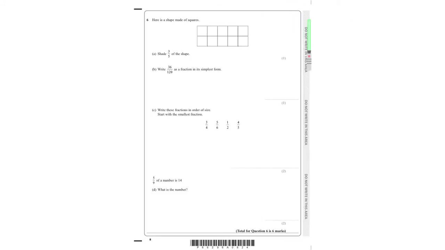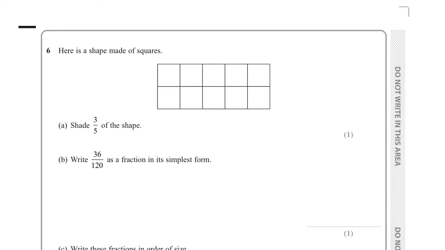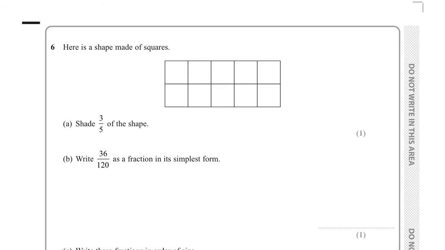Question 6. Okay, so here is a shape made of squares. Shade 3/5 of the shape. What does that mean? We shade 3 out of every 5. How many squares of 5s do I have? 2.